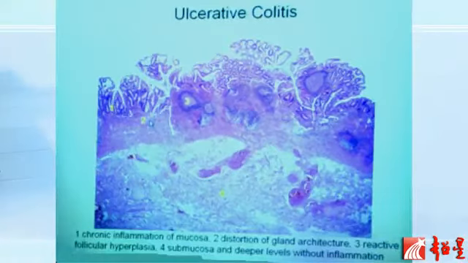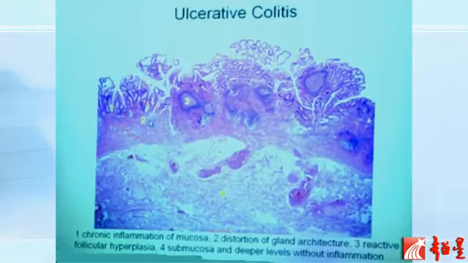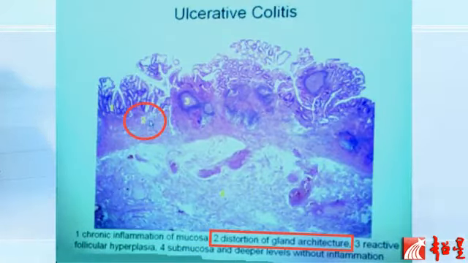So here is the histological character of ulcerative colitis. We can see this is mucosa involved by chronic inflammation. And here the glands are destroyed, here the glands.